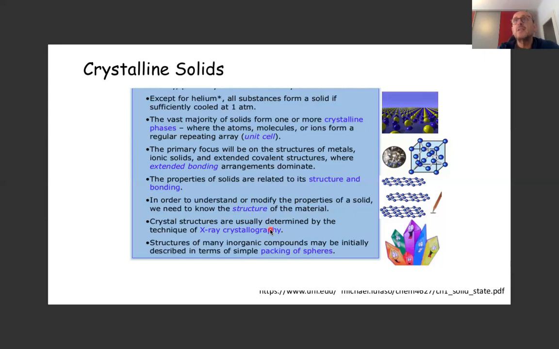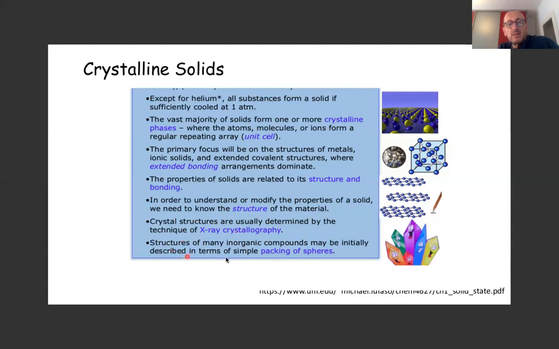This is how the picture of how the atoms are arranged in a particular solid comes about. The distances are very small, on the order of a few angstroms. So this is the right tool for doing that.